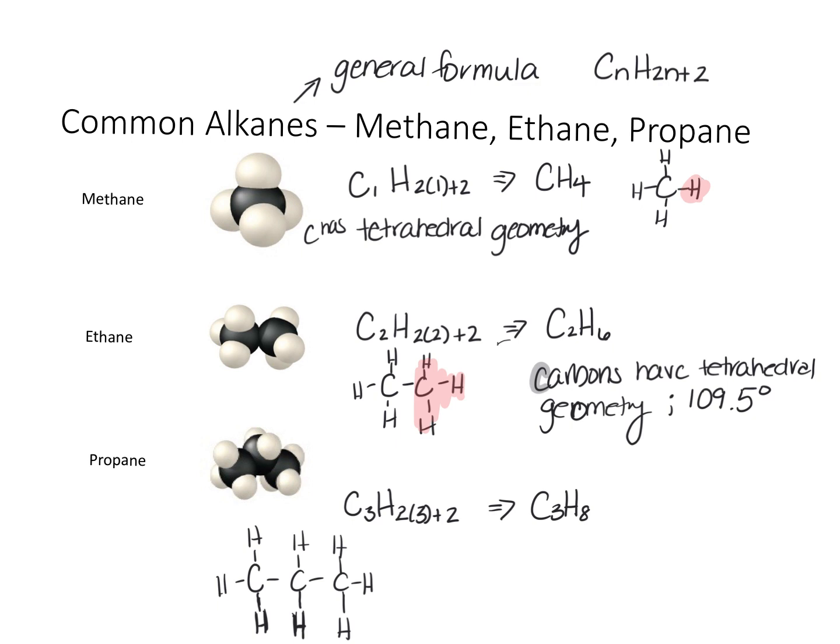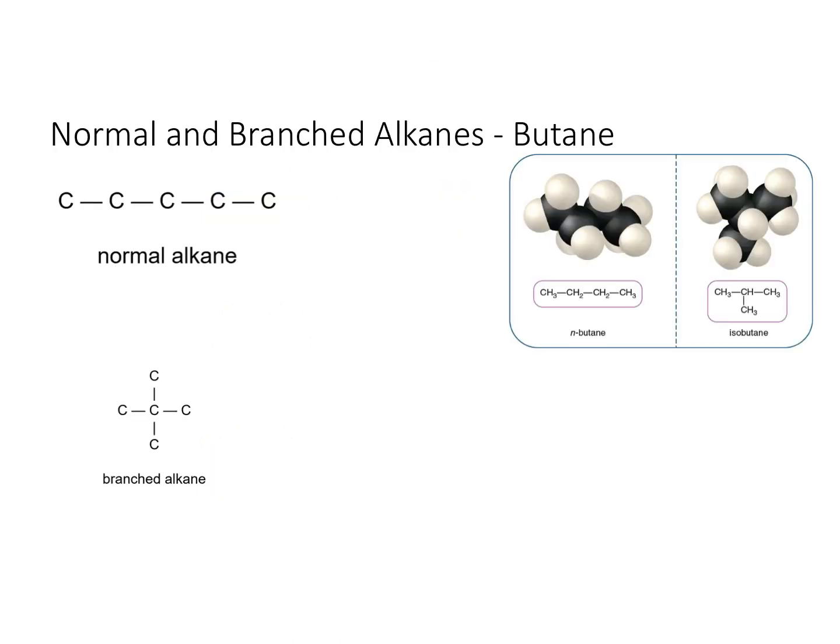Now, the fourth member of the series is called butane. And we have 2 images of butane here. And butane has the molecular formula C4 and then H, 2 times 4 plus 2. And so it'd be C4H10.